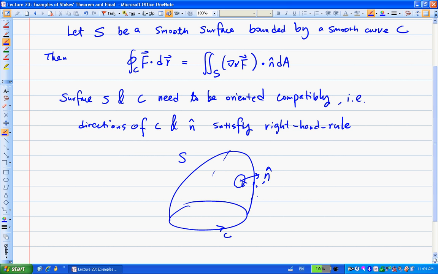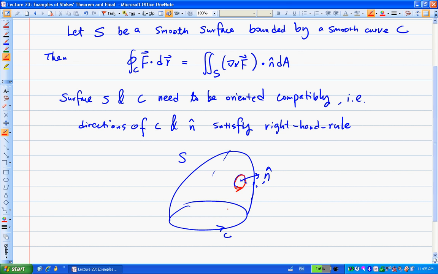Otherwise, another way is to draw a little circle around a certain location. The circulation of the circle needs to satisfy the right-hand rule. In this particular case, the direction of the circulation is this direction, and this direction and this direction are parallel to each other.